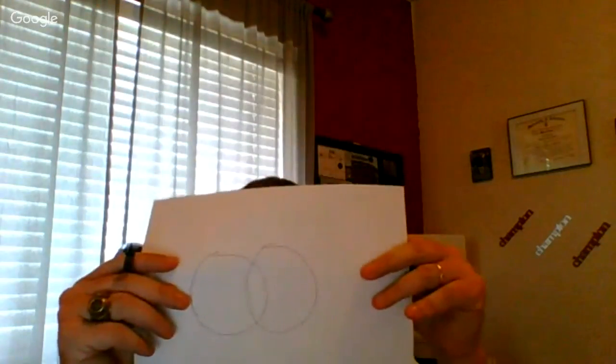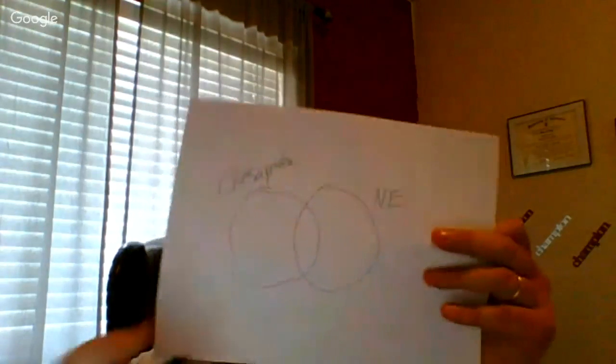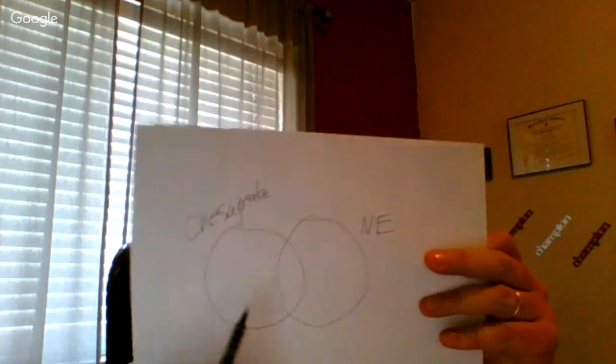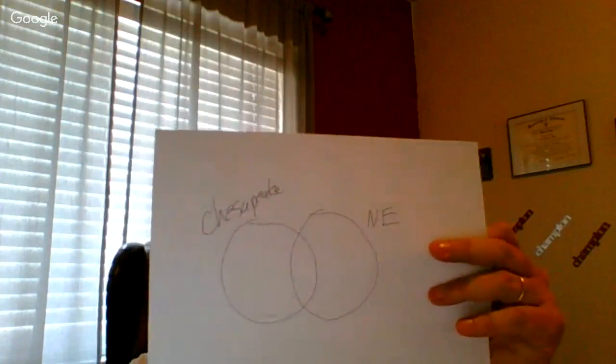Okay. So what I would do is draw a Venn diagram at home, and I would draw a number of them. I would put differences here and similarities in here.